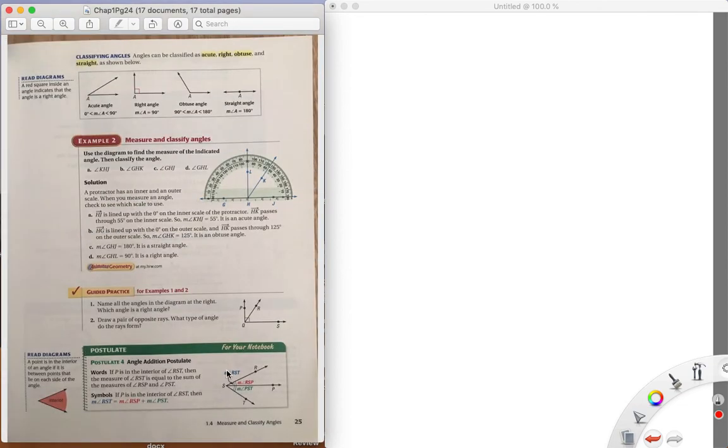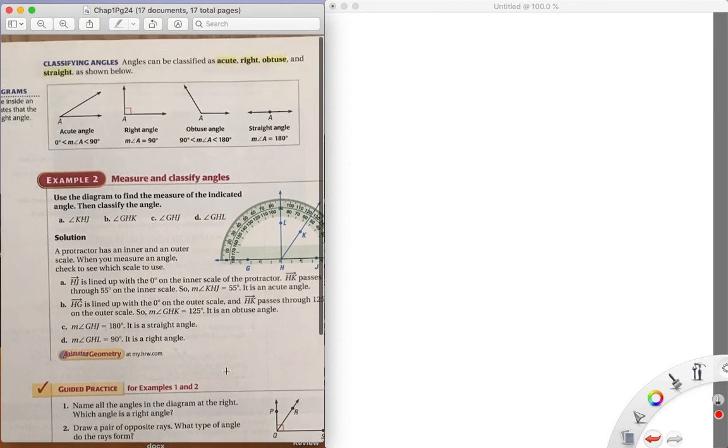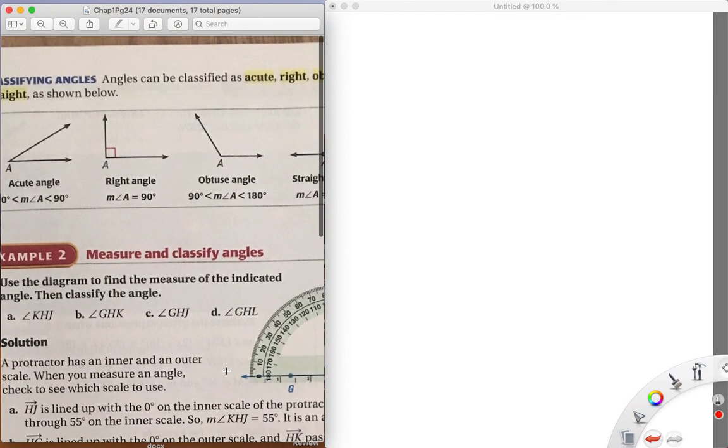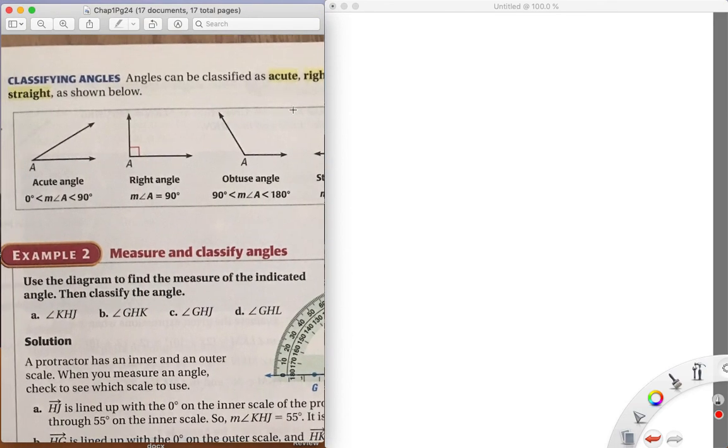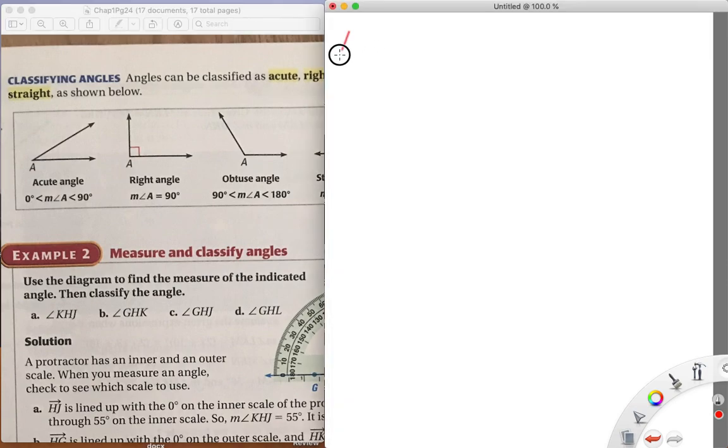Okay. What types of angles? Classifying angles. So we have an acute angle. An acute angle is an angle that's between 0 and 90 degrees.